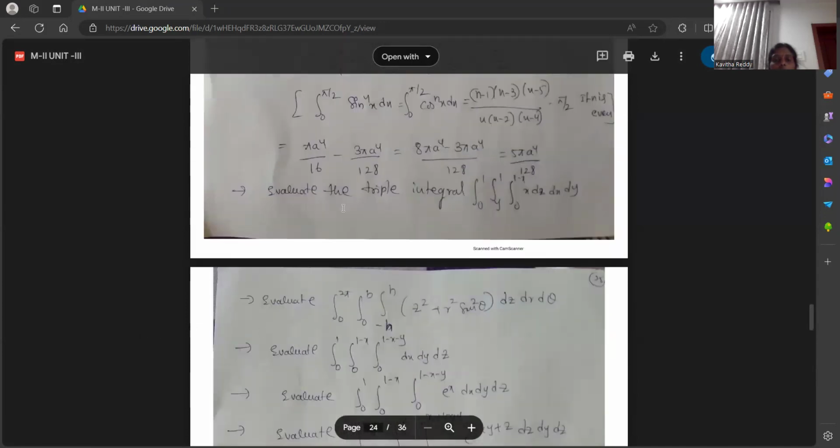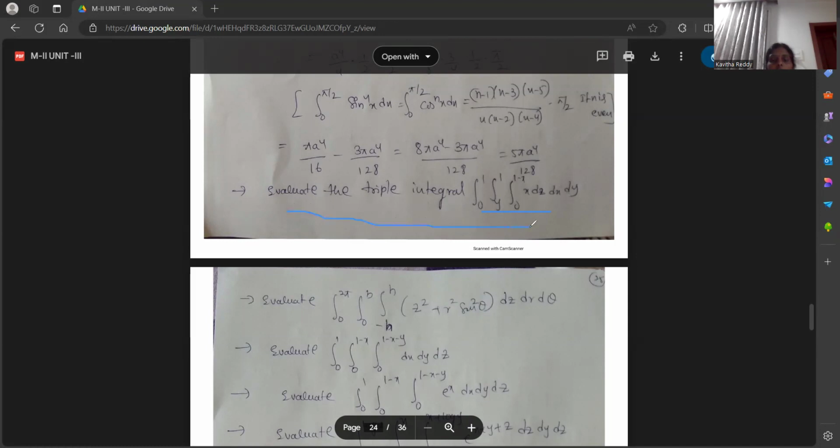So many problems. Evaluate the integral here. What is there? The integral from 0 to 1, y to 1, 0 to 1 minus x, of x dz dx dy. Here one more problem is there.